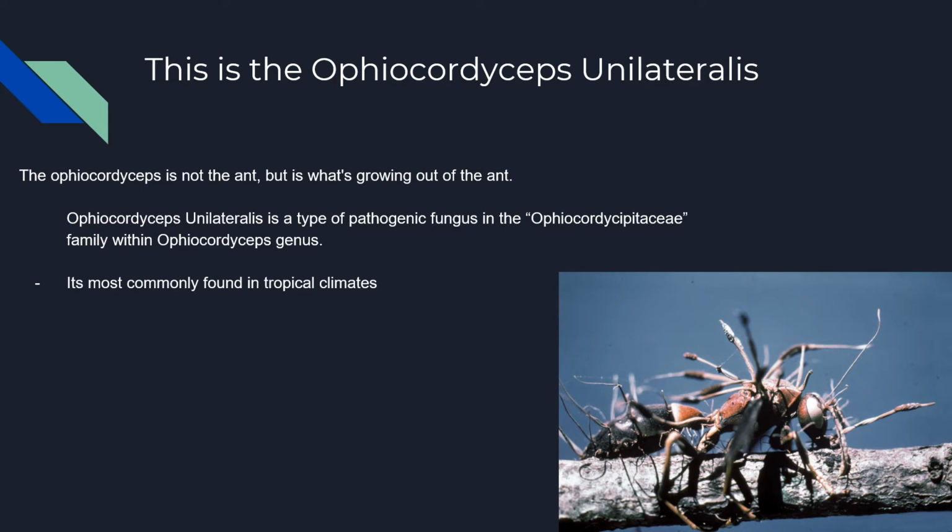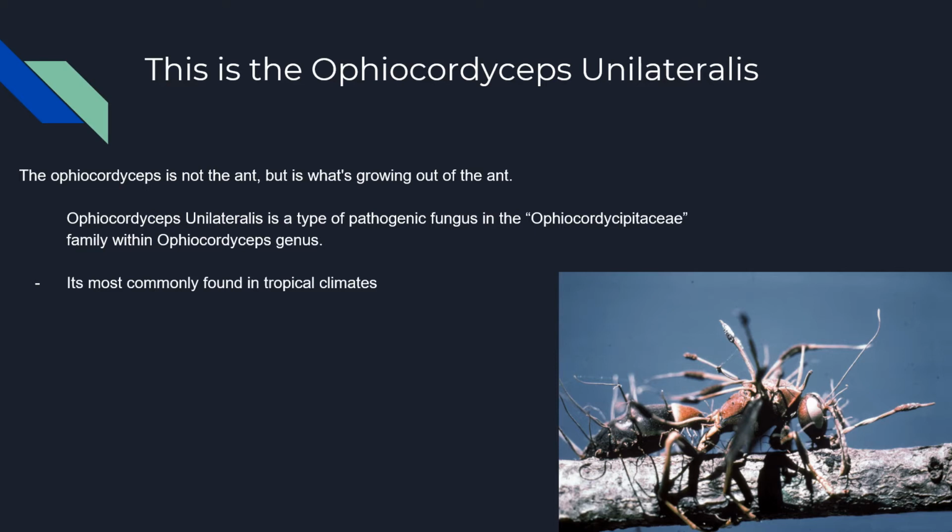So the first thing that you probably noticed was the picture on the bottom right corner of the screen of an ant with fungi growing all over its body. What you're seeing growing out of the body is the Ophiocordyceps unilateralis. Ophiocordyceps unilateralis is a type of pathogenic fungi in the Ophiocordyceps genus.